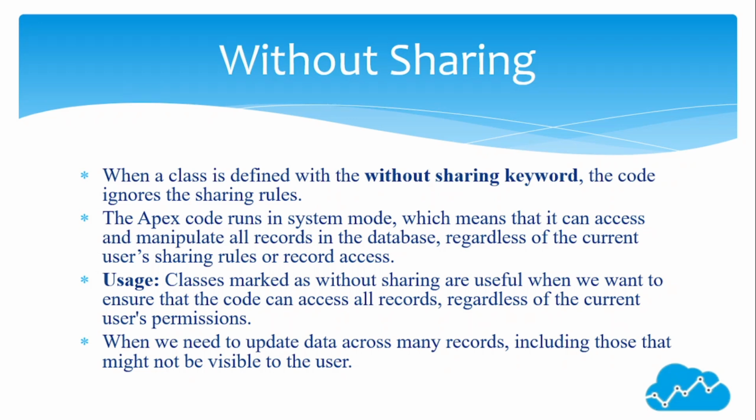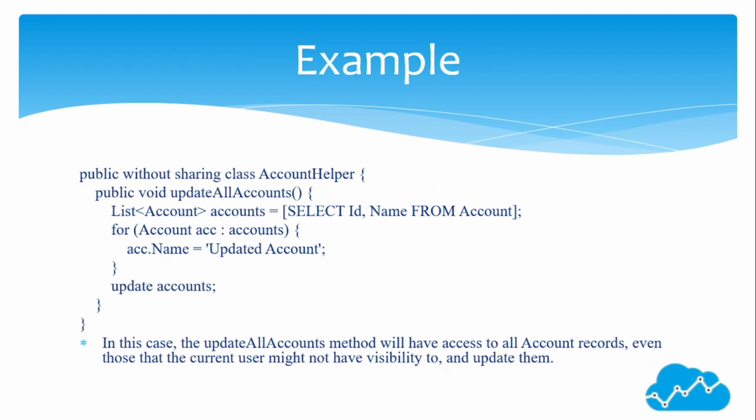Classes marked as without sharing are useful when we want to ensure that the code can access all records regardless of the current user's permissions, when we need to update data across many records, including data that might not be visible to the user.